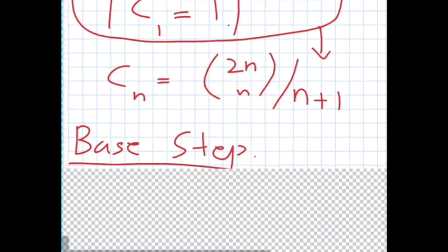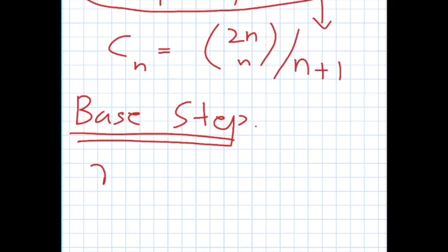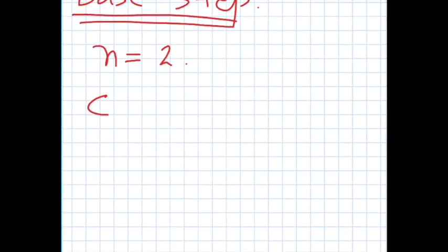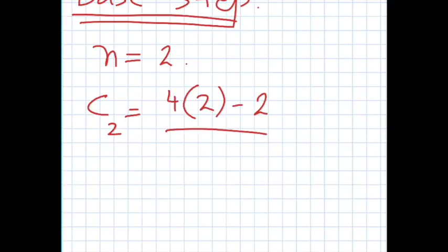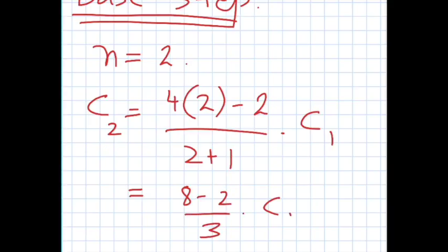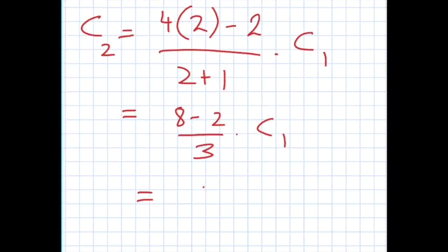So we will choose n is equal to 2. In this case C2 is equal to 4 times 2 minus 2 over 2 plus 1 times C1, which is equal to 8 minus 2 over 3 times C1, which is equal to 2.